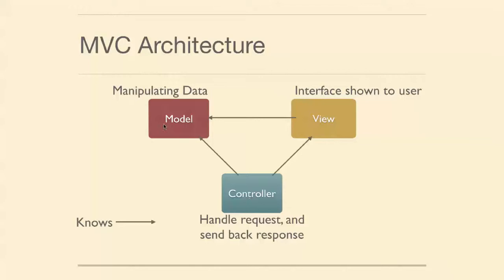The controller knows the model and the view, but the model doesn't know the view and controller. So these three components are actually quite tightly coupled compared to some linear architecture like MVP.